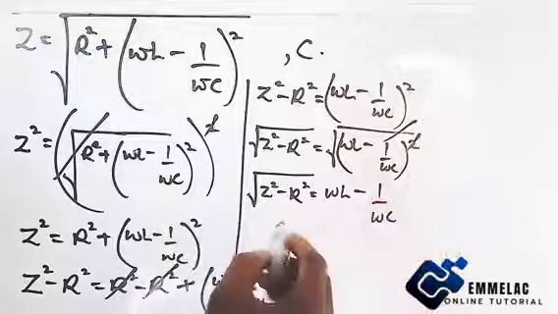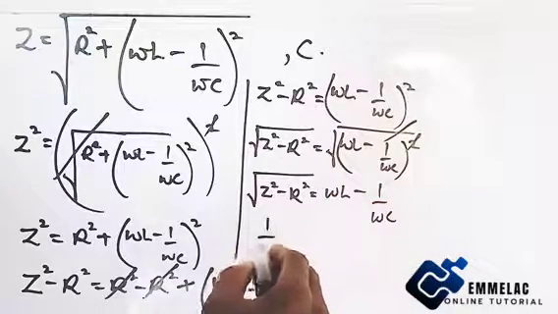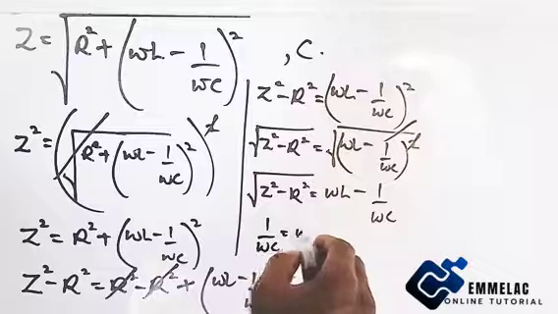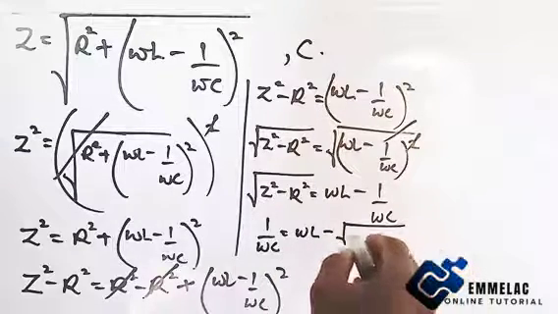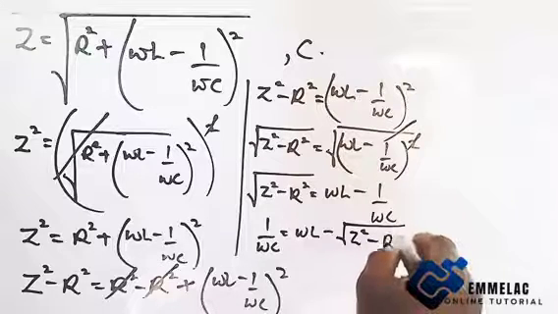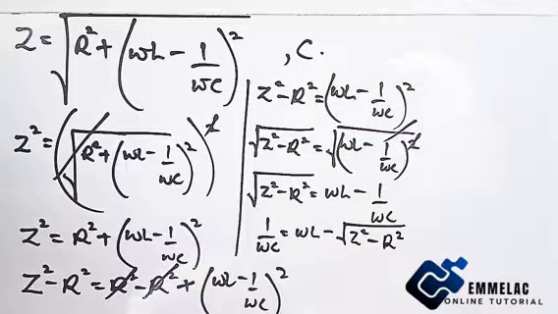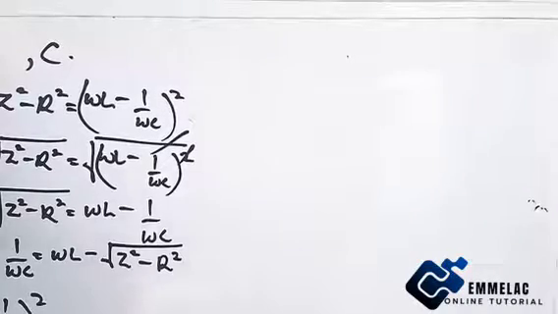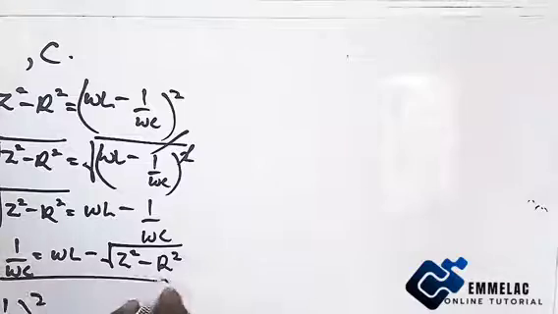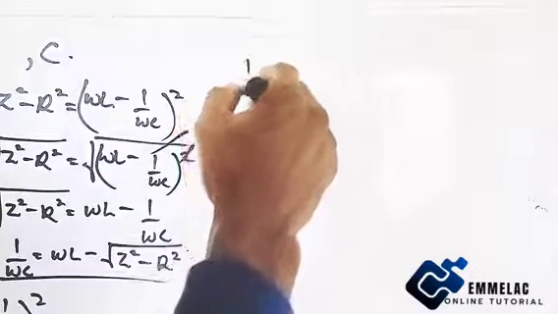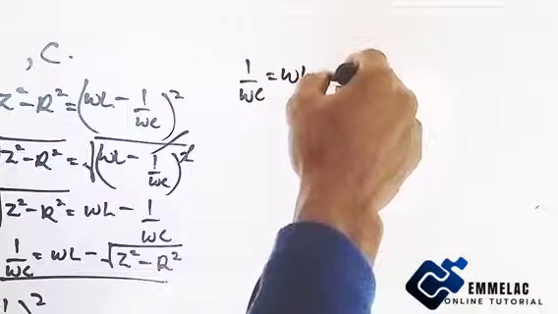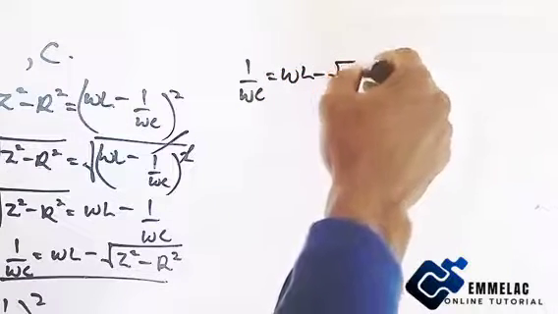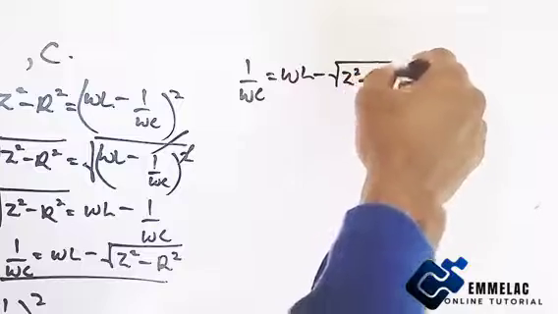Okay, now to proceed further, here you can transpose this over to this side, this over to this side. So here we have 1 over WC equals WL minus, now, the square root of Z squared minus R squared. Okay, so now to make it clearer, bringing all this here you have 1 over WC equals WL minus the square root of Z squared minus R squared.